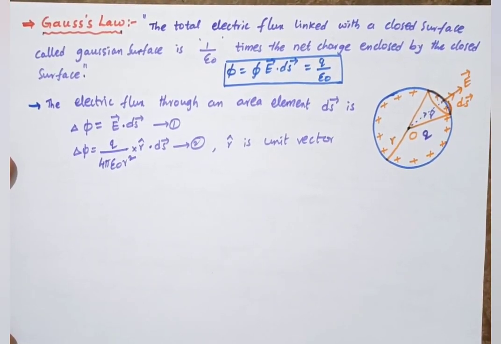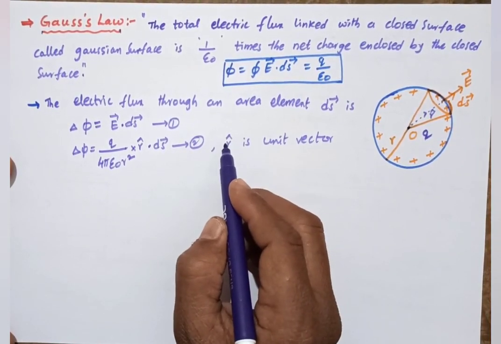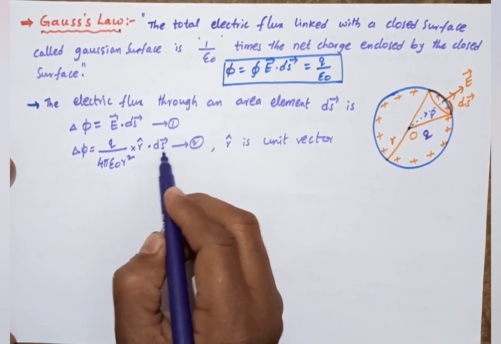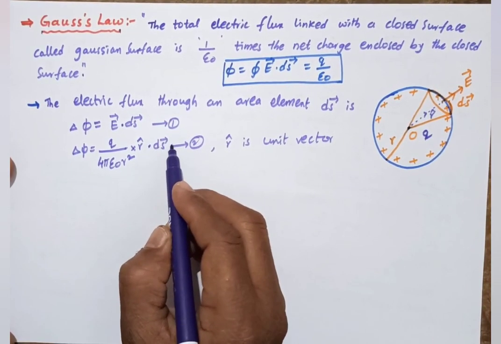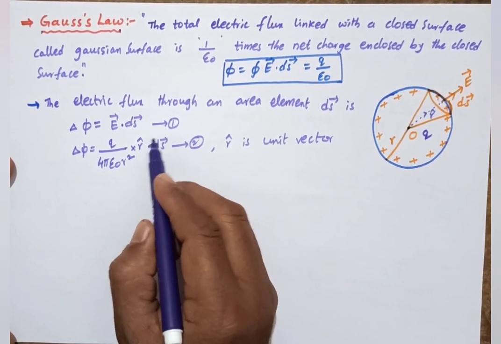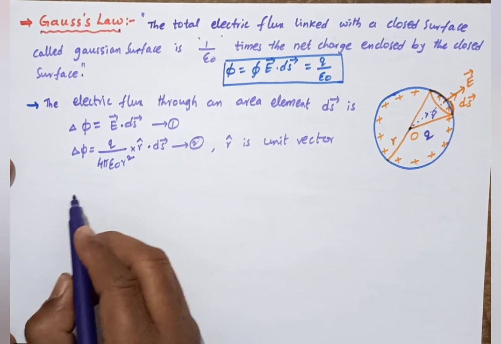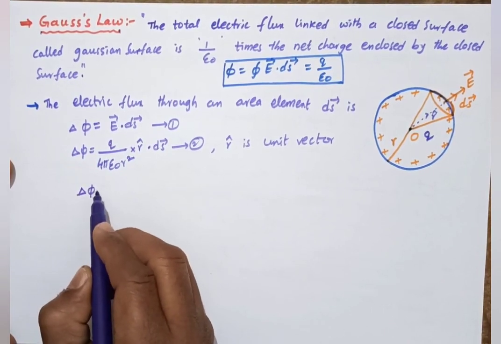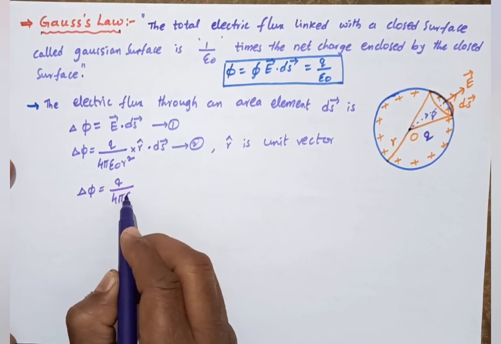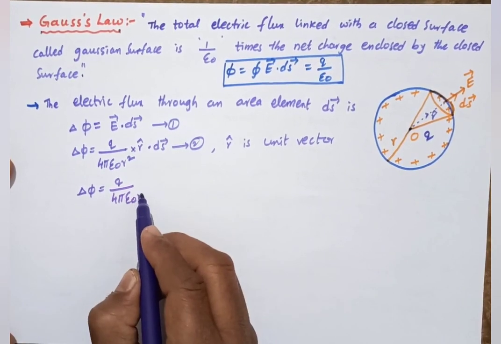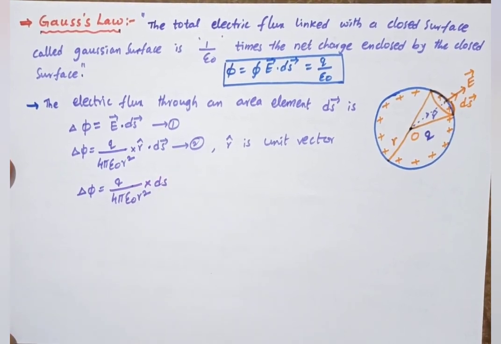Then here we know that r cap dot ds bar, the vector ds bar with the unit vector, equals the magnitude. So then delta phi equals q by 4 pi epsilon naught r square into ds.